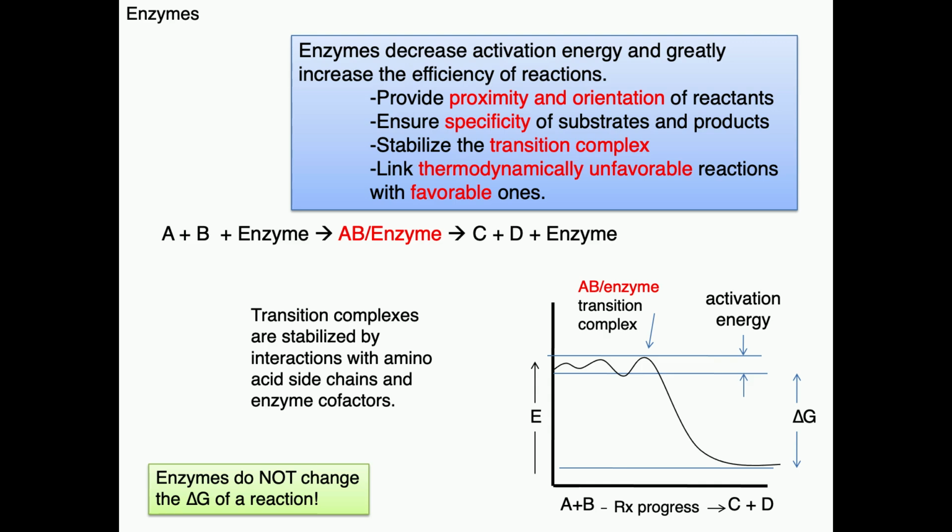So this transition complex has a third component, if you will, the enzyme, that is holding the two products in just the right orientation for the reaction to occur. So the energy of that transition complex is much lower. That means that there's a lower activation energy required for enzyme catalyzed reactions versus non-enzyme catalyzed reactions.